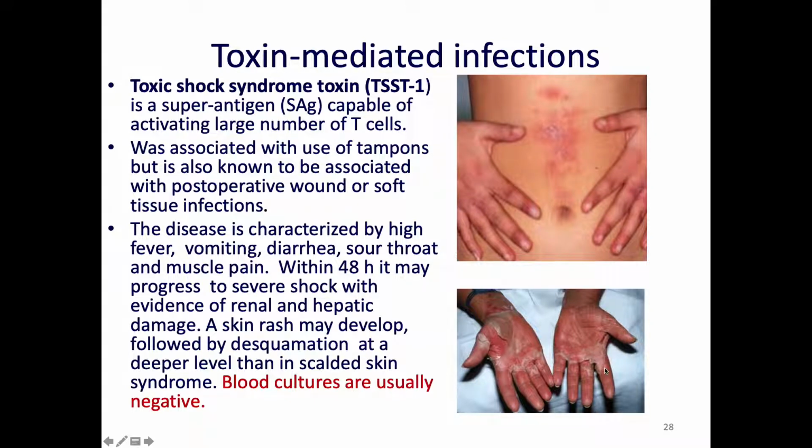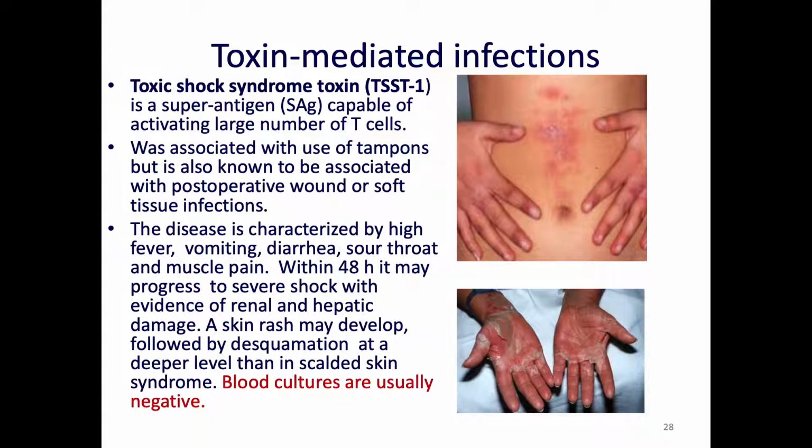Toxic shock syndrome toxin is a superantigen which is capable of activating a large number of T cells. It was found in the 80s of the previous century, and it was associated with the use of tampons by women, but it is also known to be associated with postoperative wound or soft tissue infections.